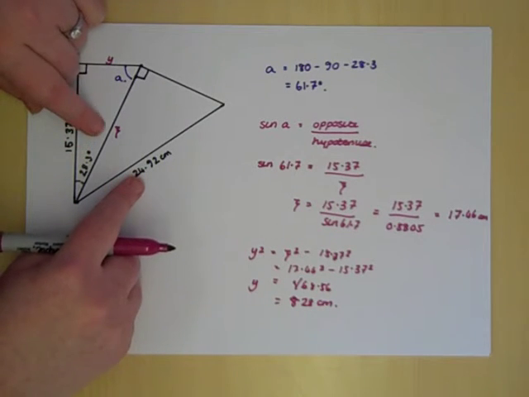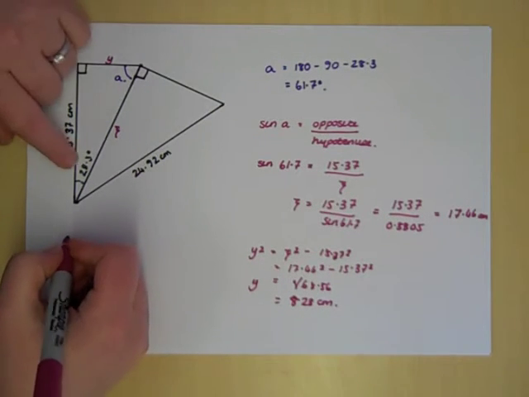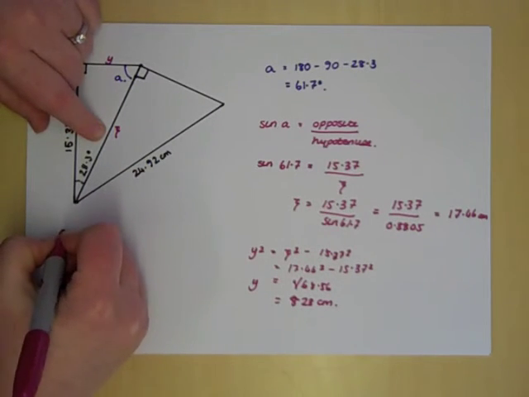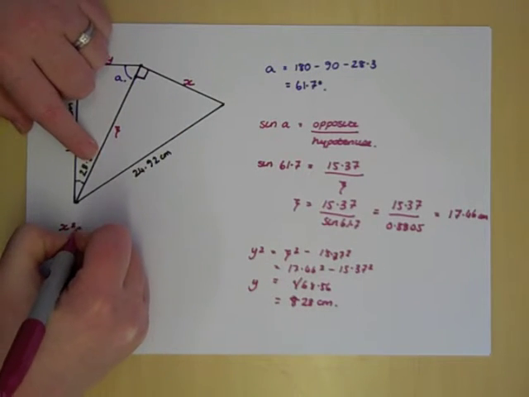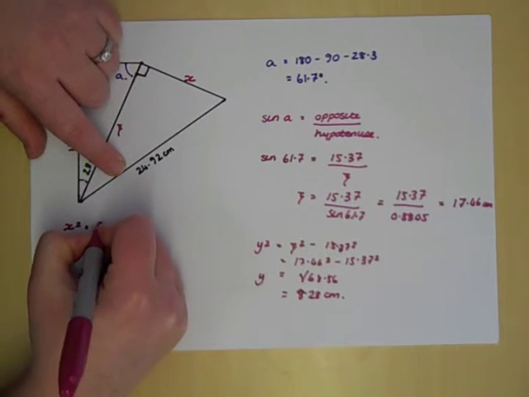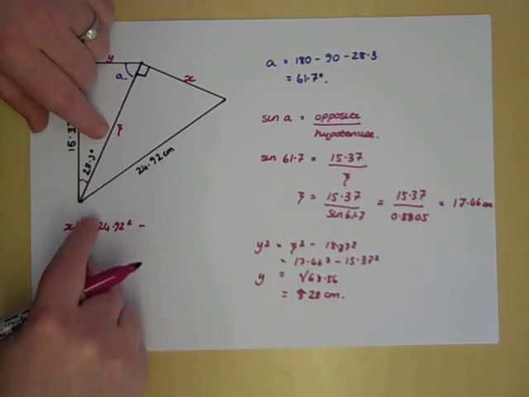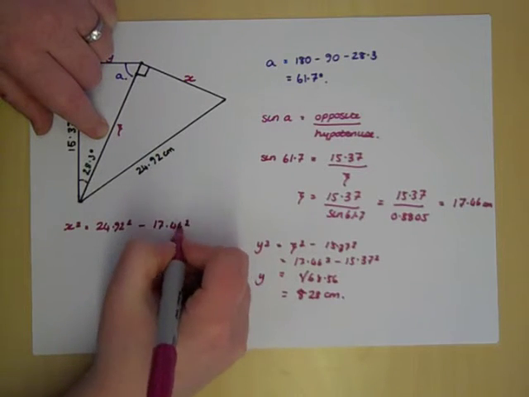As far as this triangle here goes, if I use Pythagoras in this case, I can work out this length here. So this is my hypotenuse here. In this case, I'm going to call this X here. X squared is equal to my hypotenuse, 24.92 squared, minus this length Z, which is 17.46 squared.